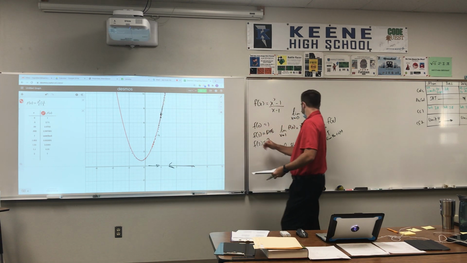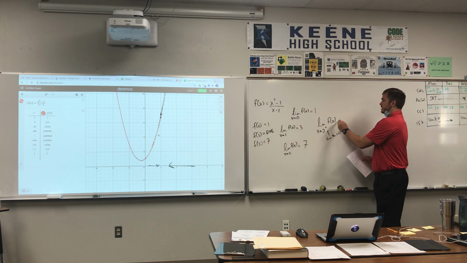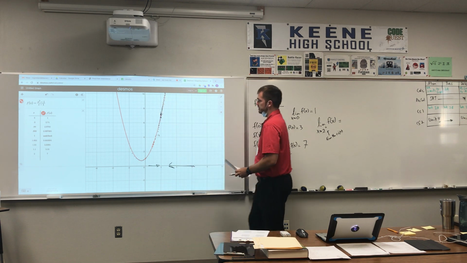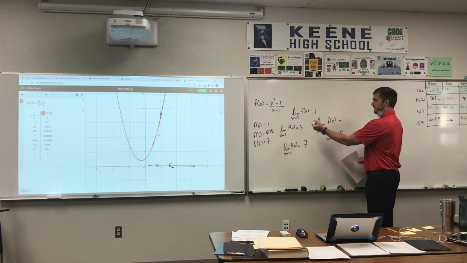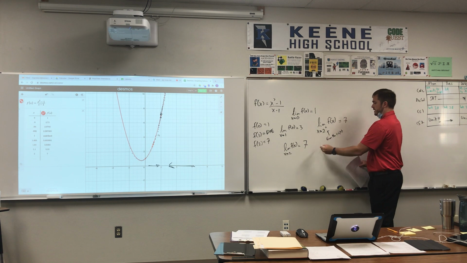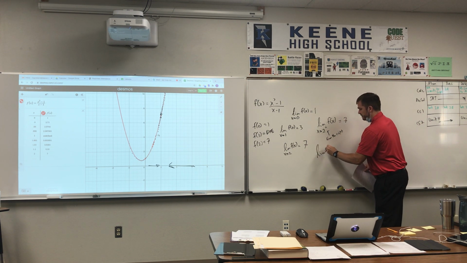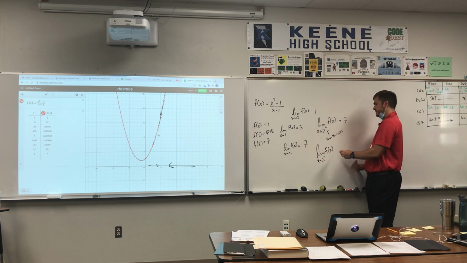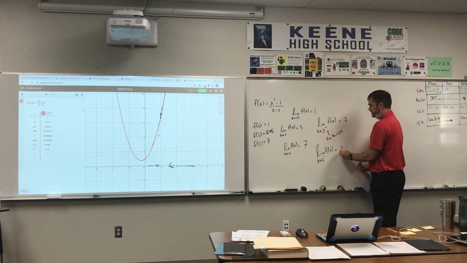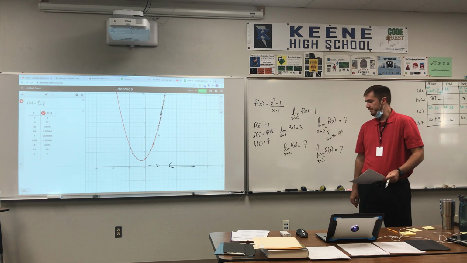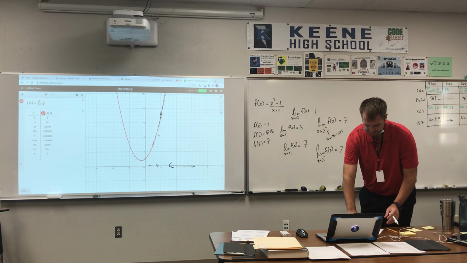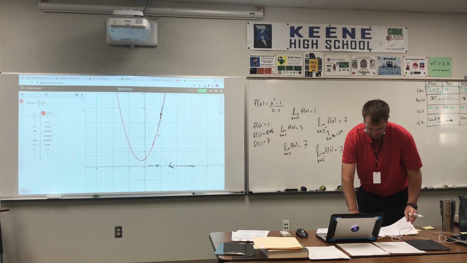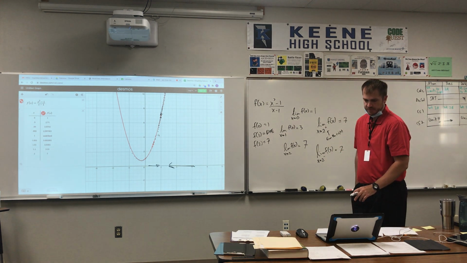So if we're approaching it from the plus, then from here to here, it's approaching 7. And the limit of f of x as x approaches 2 from the left, we saw was also 7.